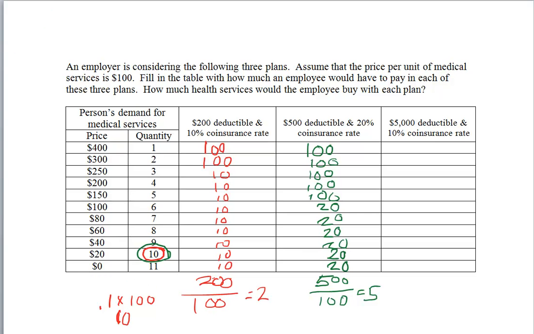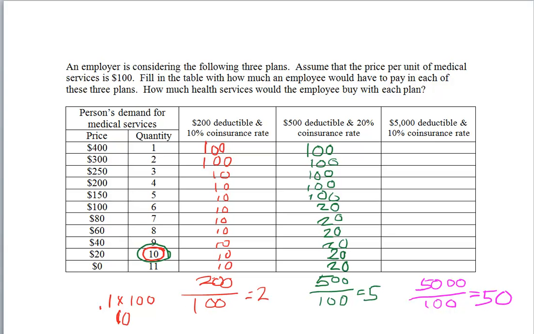Let's go for the last case, which is a catastrophic health insurance, $5,000 deductible. And in this case, I'm going to change to violet. $5,000 deductible divided by 100 is equal to 50. He has to buy 50 units of healthcare, which is off our chart.